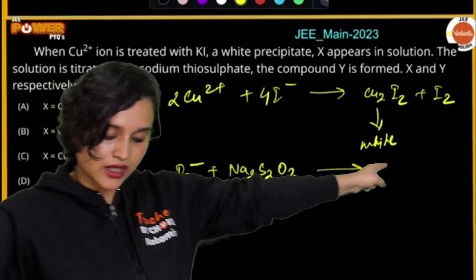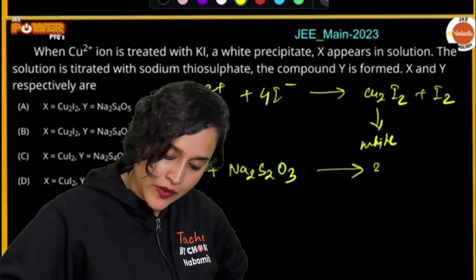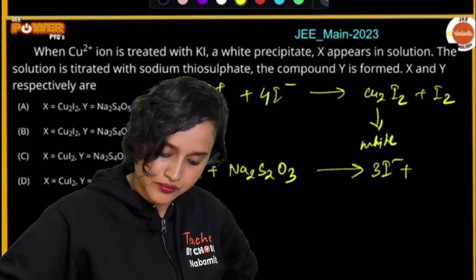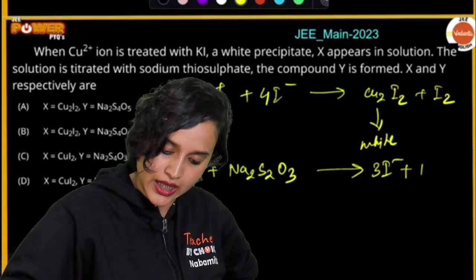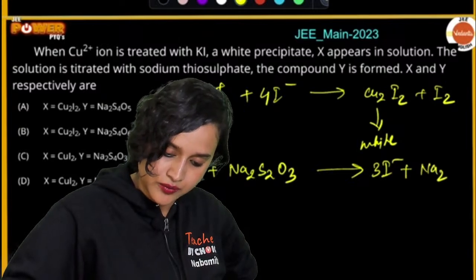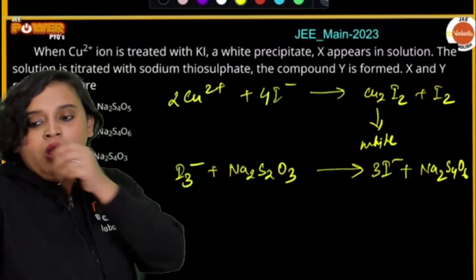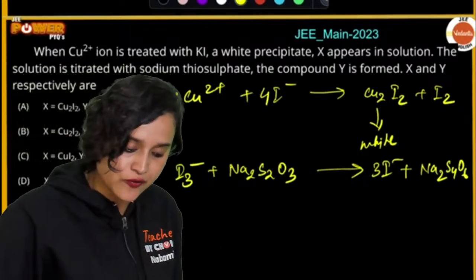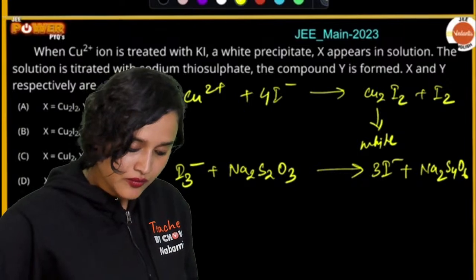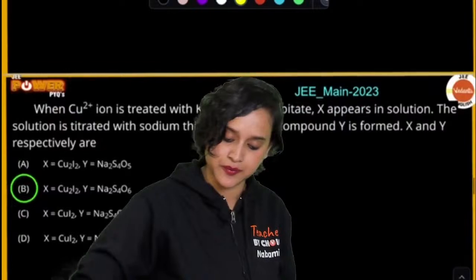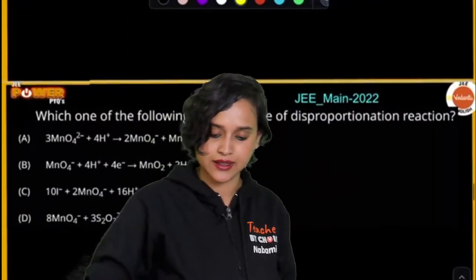I3 minus plus Na2S2O3 will give you 3I minus plus Na2S4O6. You will get Na2S4O6. That means option B is the correct answer, guys.